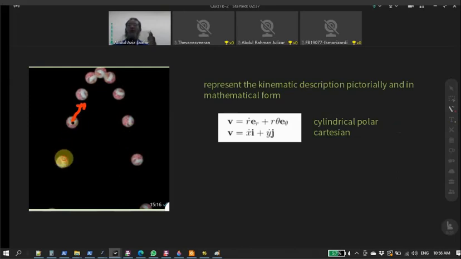So this one represents that the velocity is much higher. But as you go to the top, the distance between the two images is very close. It means that the velocity is reduced, right? So this is what it means that the particle is decelerating.